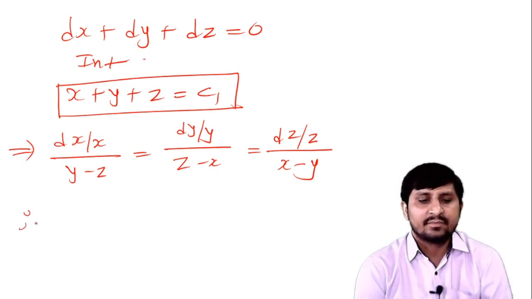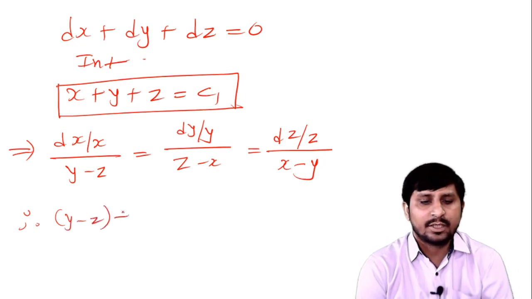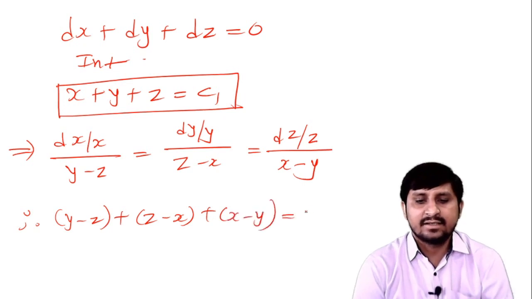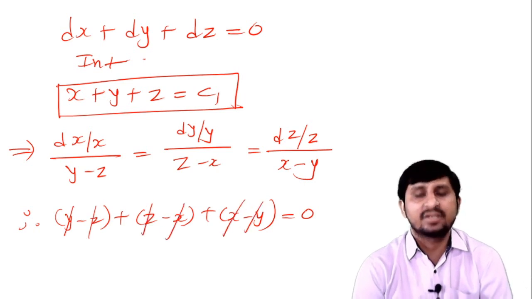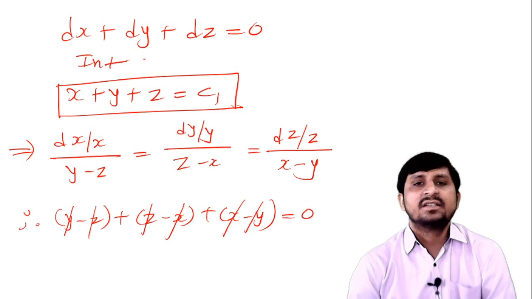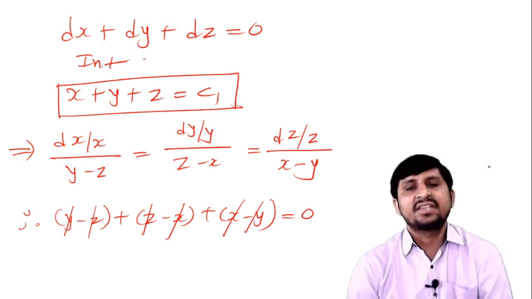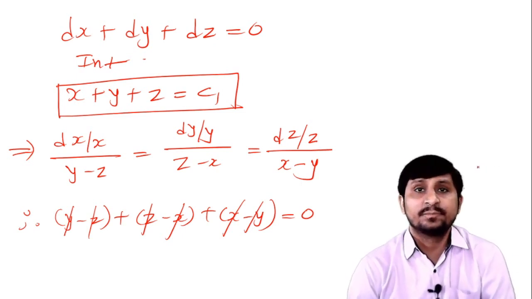Now once again you can see that the addition of the denominators is 0. We have y minus z plus z minus x plus x minus y, so once again the addition is 0, and the addition of the numerators is also 0.